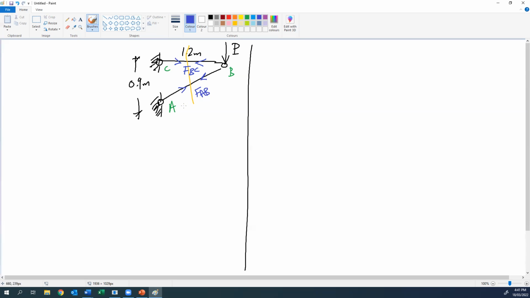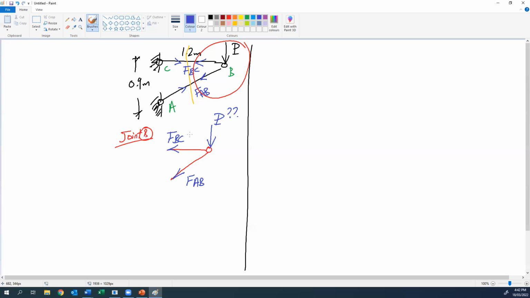Okay, and then we will study the equilibrium of joint B. So this is joint B. In joint B, we know that we have a load here, B, unknown. We have the force here, FAB, and the force here, FBC.